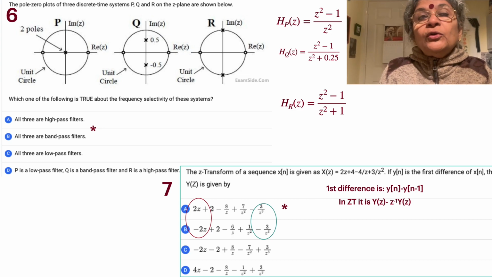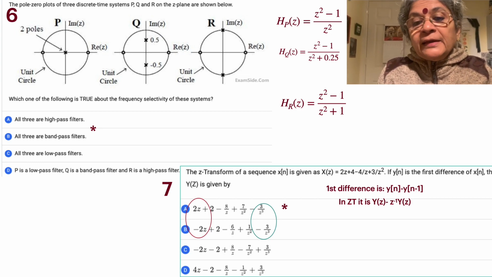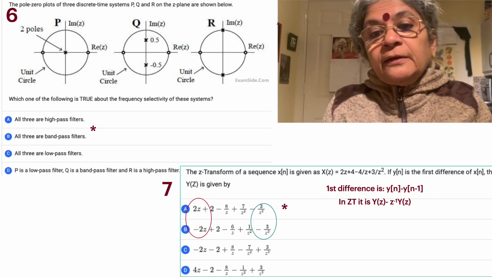So we are going to have minus 3 z raised to minus 3. Why? Because y[n minus 1] is subtracted from y[n]. So the last term should be minus 3 z raised to minus 3, or minus 3 divided by z cube.